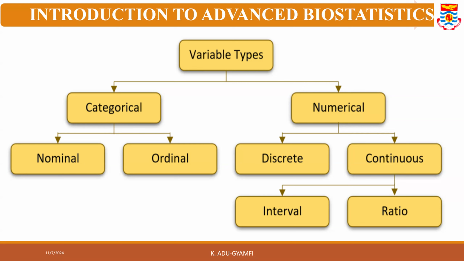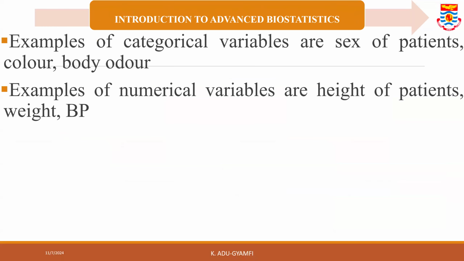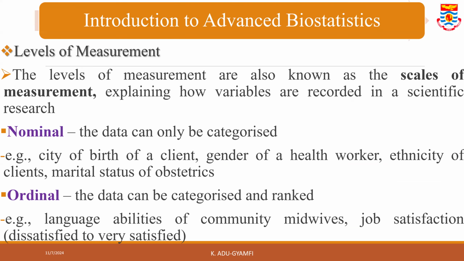So you can go and check the arguments there very well. Though it was 3 points, it can be. Those who use the yes and no's, you have done well. So these are my explanations for them. The examples you gave were good. They fall within what I have: the sex of the patient, the color, the body odor, the height of a patient, the weight, the BP can be good.